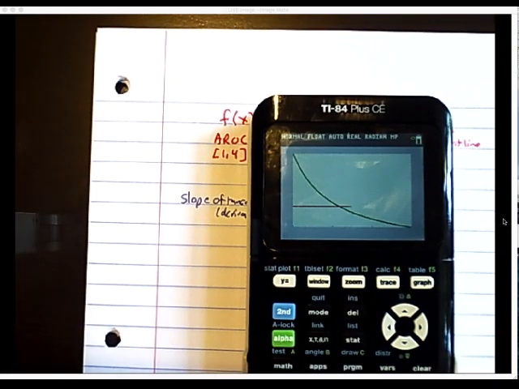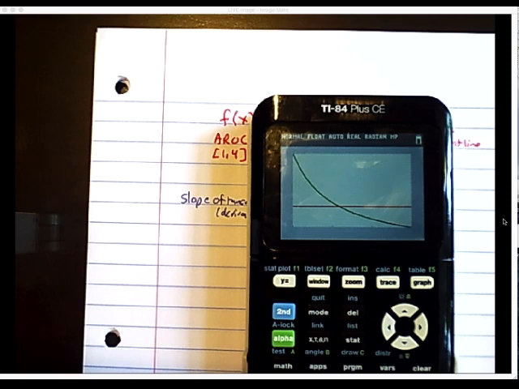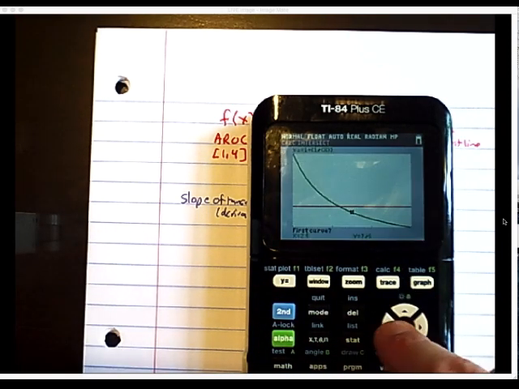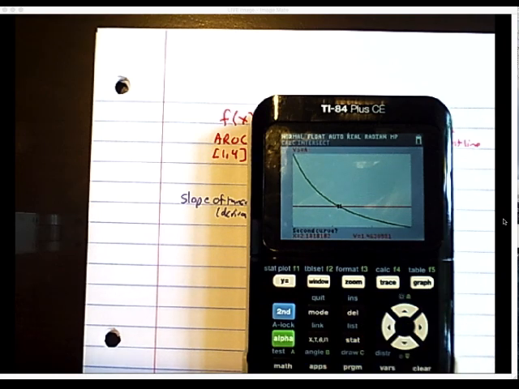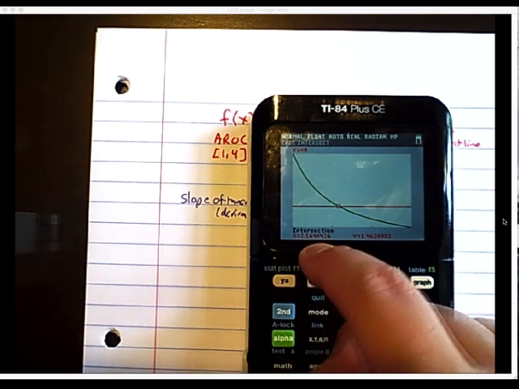And then here comes the line 1.462. I want to figure out where they come together. So if I go second calculate, intersect, and get close to the intersection there, enter, enter, enter, there's the x value that makes it work, 2.164.